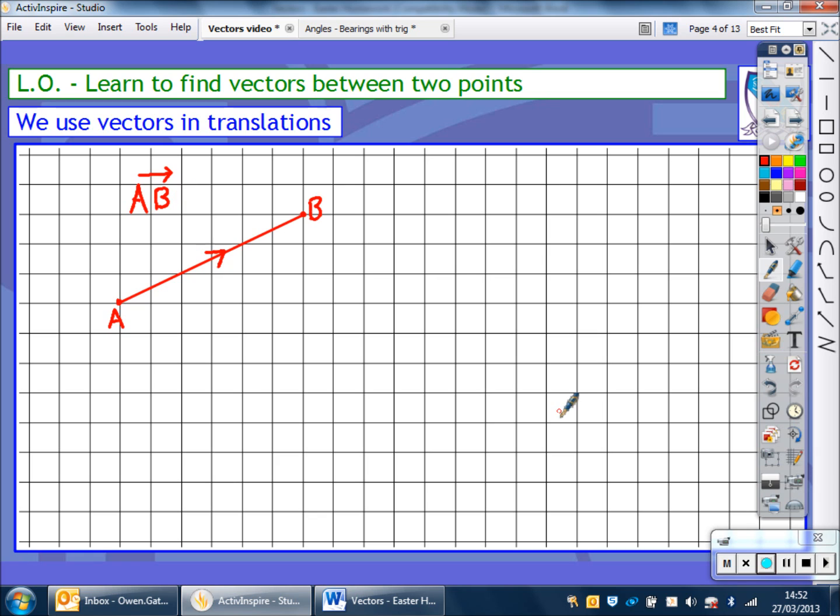That vector is going to be 1, 2, 3, 4, 5, 6 in the x direction, and 1, 2, 3 in the y direction. So that vector is (6, 3). Let's do another vector.